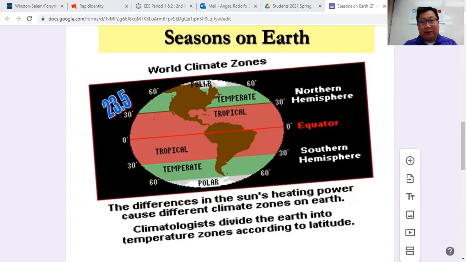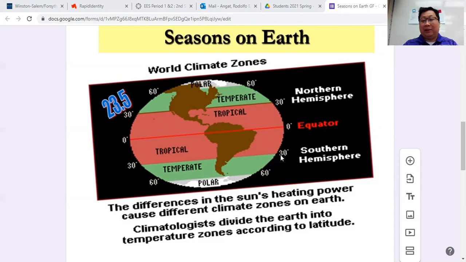So this one here, the polar region, is the coldest one because sunlight here is spread so large that the polar region does not get enough heat to melt the ice. Again, as you go higher away from the equator, the colder it is because the sunlight is more spread out as you go to higher latitudes. The same thing is true in the southern hemisphere.